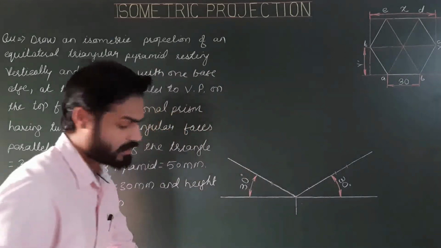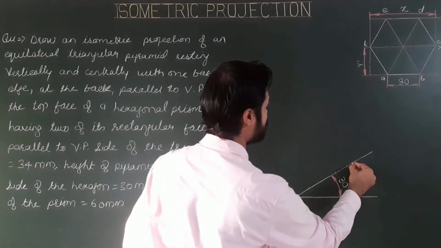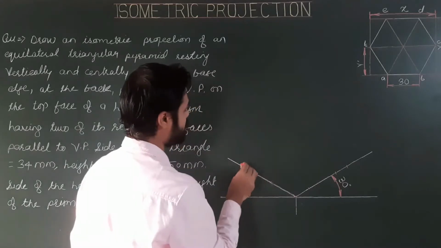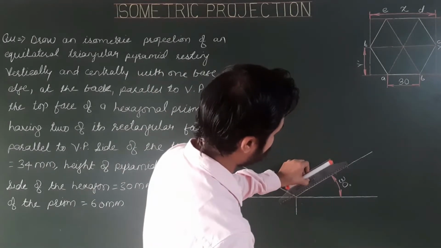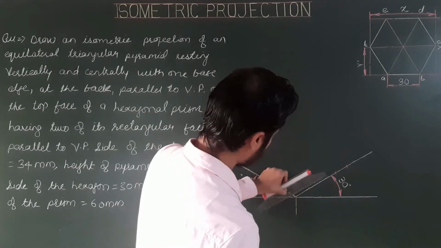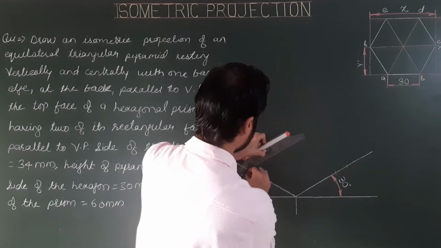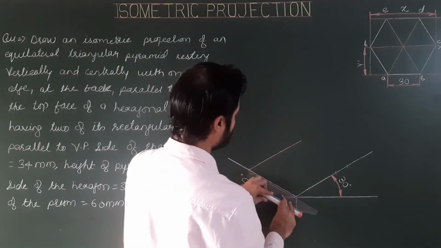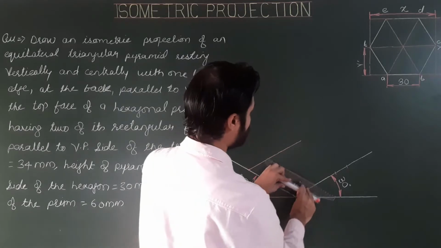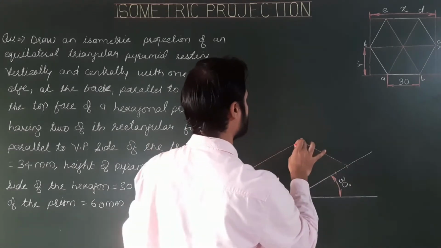Okay, now from both ends, both limits, from this point and from this point, drawing a line parallel to the first iso axis, and from the corresponding point, a line parallel to the second iso axis.